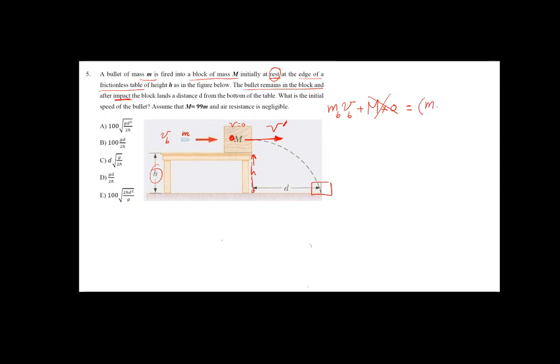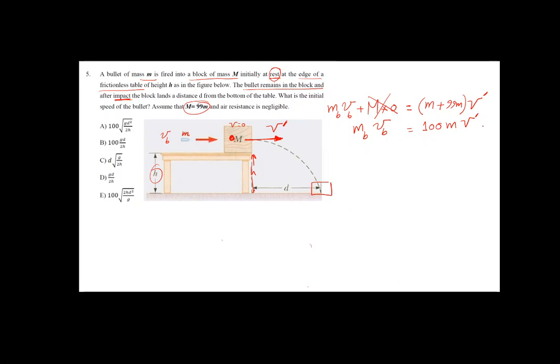The mass of the bullet plus the mass of the block times V prime. This is the velocity after the collision. But he told me that the mass of the block is 99 m's. So 99 m plus m, that's 100 times m, of course, times V prime. So we can say m vb equals 100 m V prime.